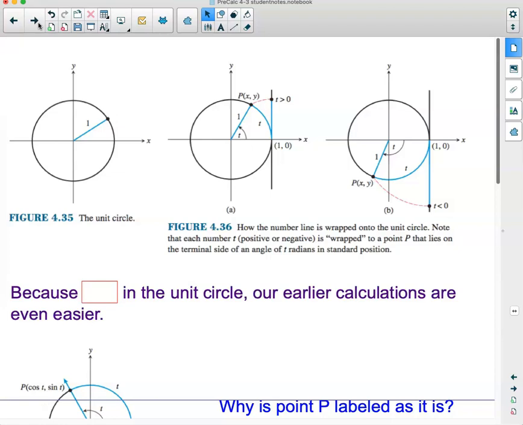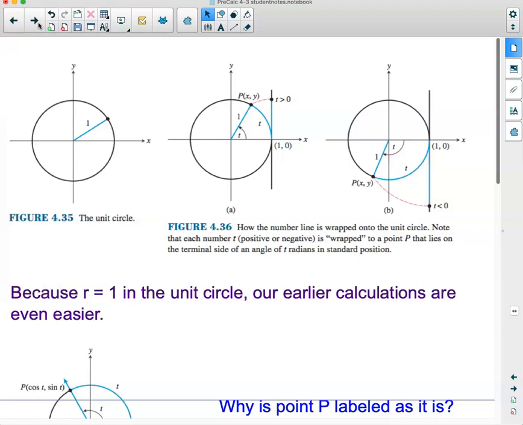Note that each number, positive or negative, is wrapped to a point P that lies on the terminal side of an angle of t radians in standard position. So here's our number line. Looks kind of weird seeing it vertical like that. But if we were to wrap that onto the unit circle, we would see our radian measures as we go around.